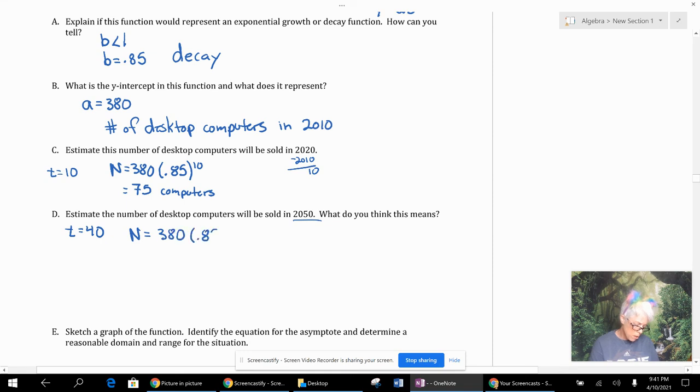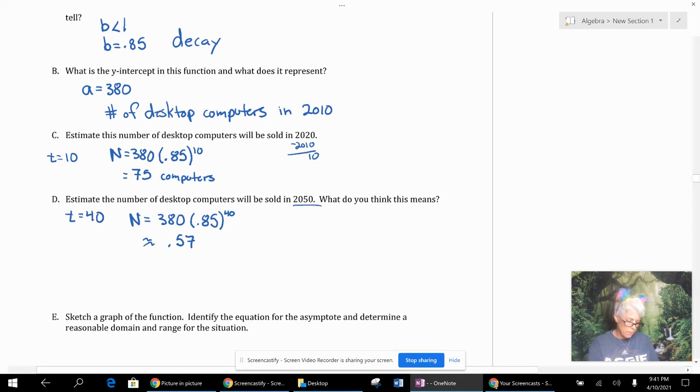It's getting smaller, but it's not allowed to reach 0, because when I put this 40 here, I don't get 0 or negative something. I get 0.57, which means I have less than one computer. It's kind of a silly example, but as the years go by, I'm going to have less and less of one computer. Technically, I'll never get to 0 computers. I didn't write this problem.